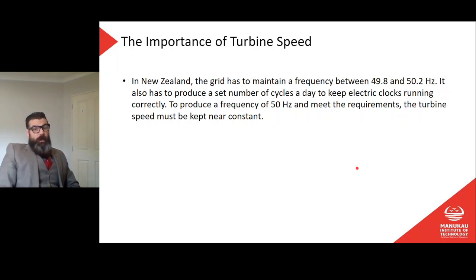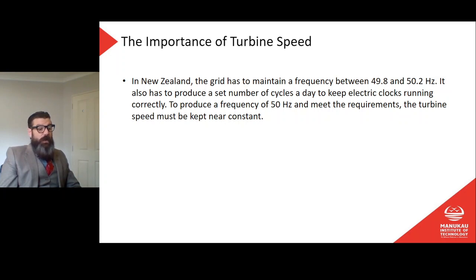The importance of turbine speed then. Well, obviously, I can't change on the fly the number of pairs of poles or the number of poles in my generator. The number of pairs of poles is how many windings I've installed into my generator, so the idea of changing that doesn't make sense.